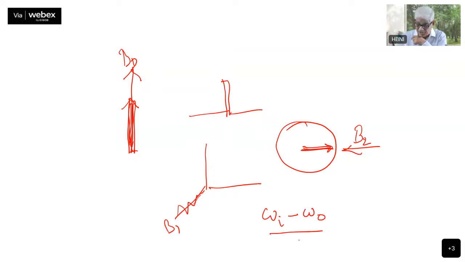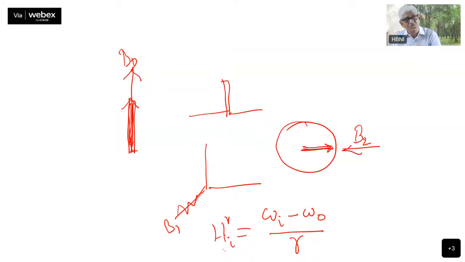You convert that by dividing by the gyromagnetic ratio, and this gives you the field in the rotating frame. Now if omega I is equal to omega naught, then this field along the z-axis will be 0. This is B0, the normal applied field. This is the field in the rotating frame, and it will be 0 when you are on resonance.